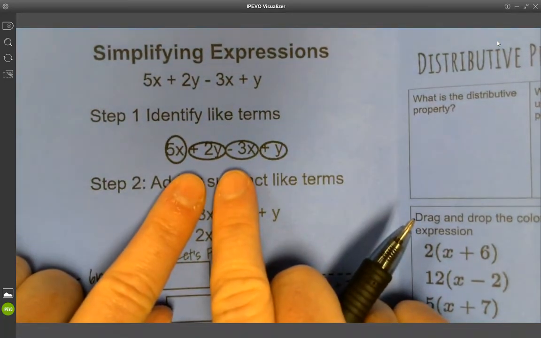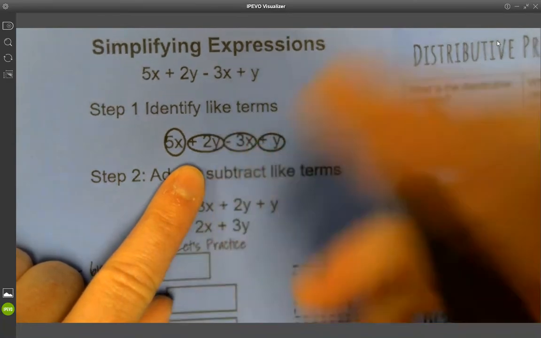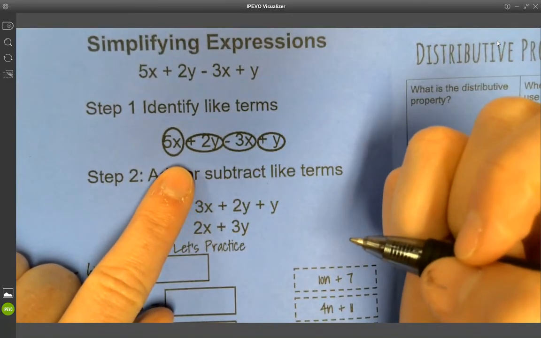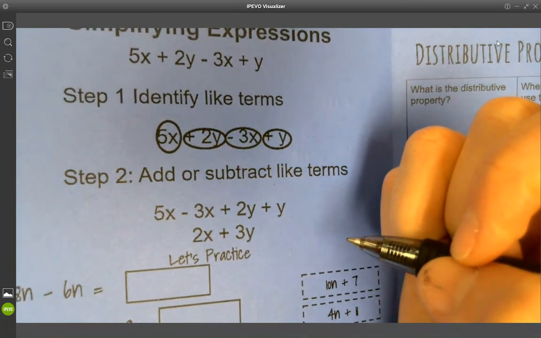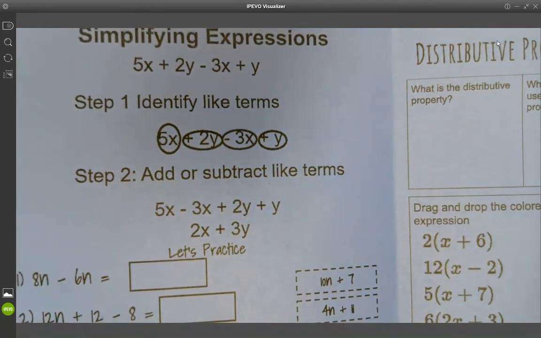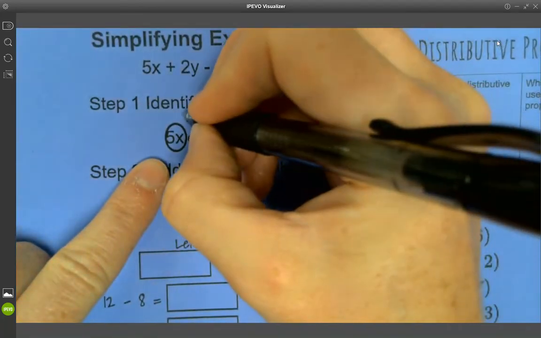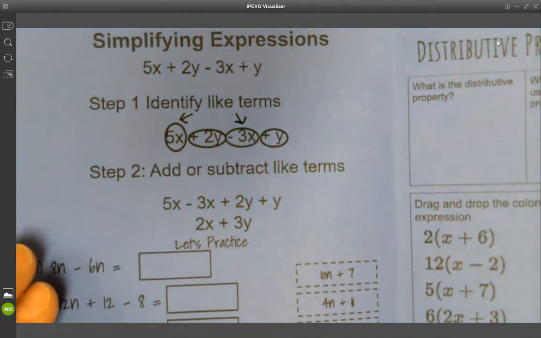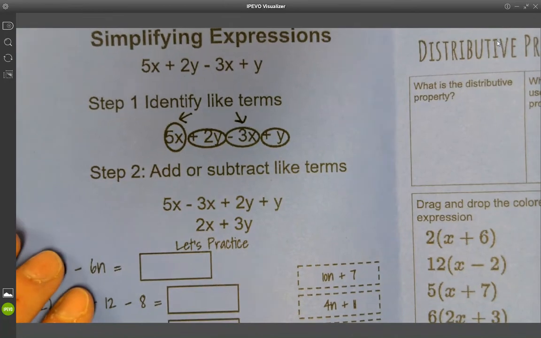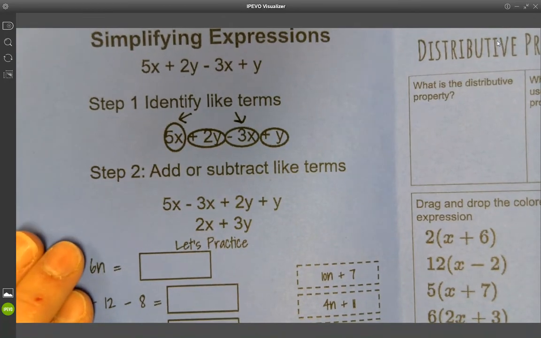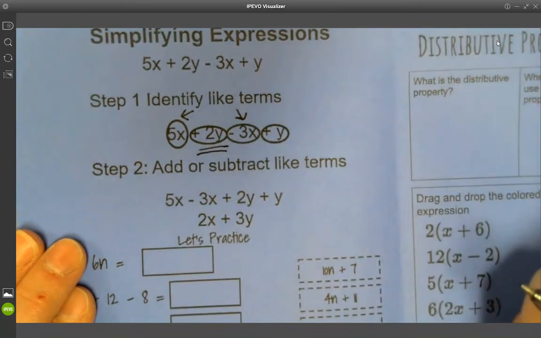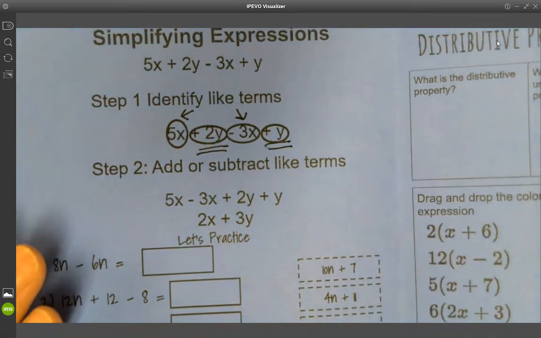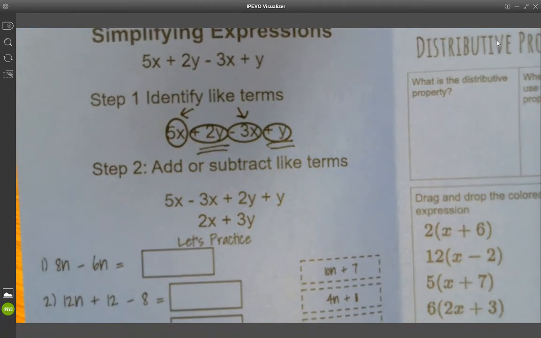So I'll use different circles or underline or different colors even to identify the like terms. So 5x and negative 3x. Those are like terms. And then 2y and positive y. Those are like terms.